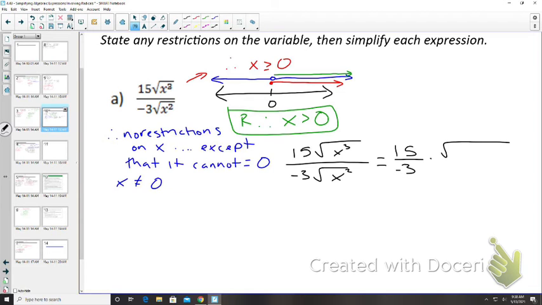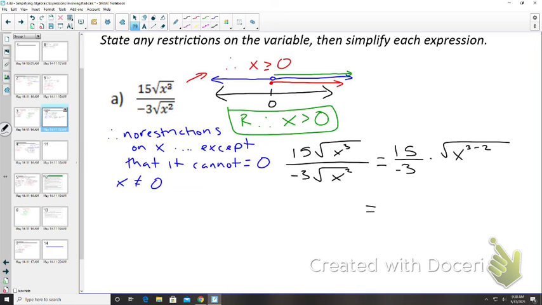Now remember from a couple topics ago, when we're dividing exponents, we are subtracting exponents. So we subtract the denominator exponent from the numerator exponent. So it's going to be x to the 3 minus 2.